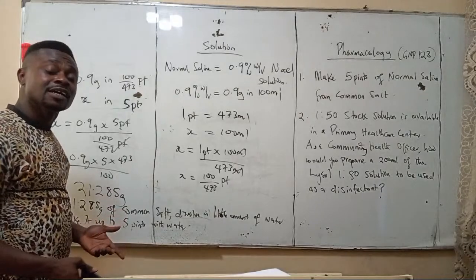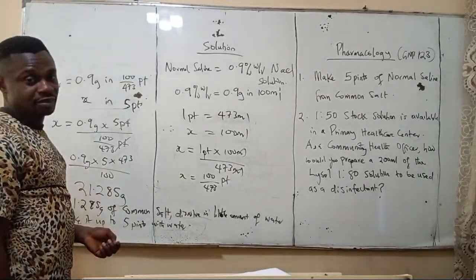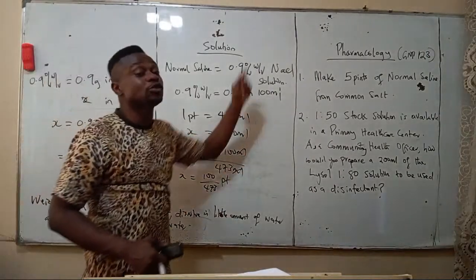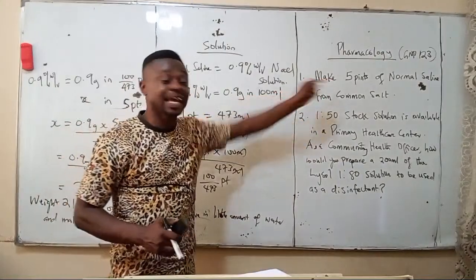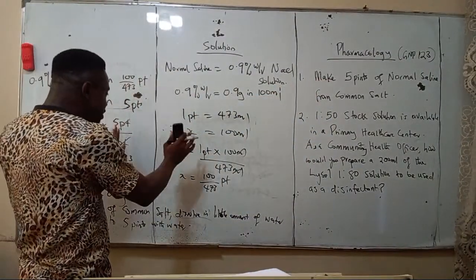But you were not asked the volume in ml. That's why I stopped. I prefer to move 100 ml to pints because the volume here is in pints. So let me use the second method.